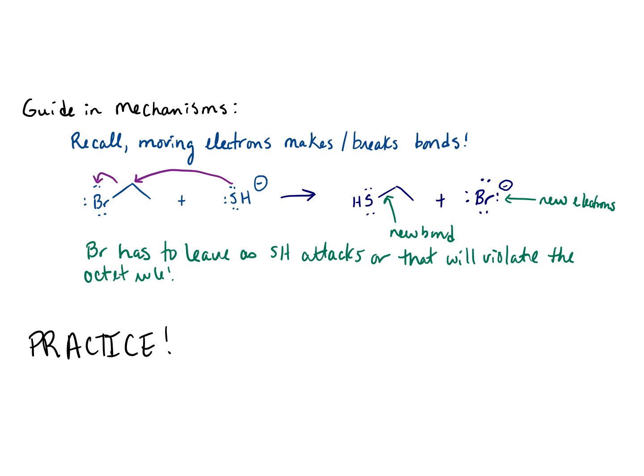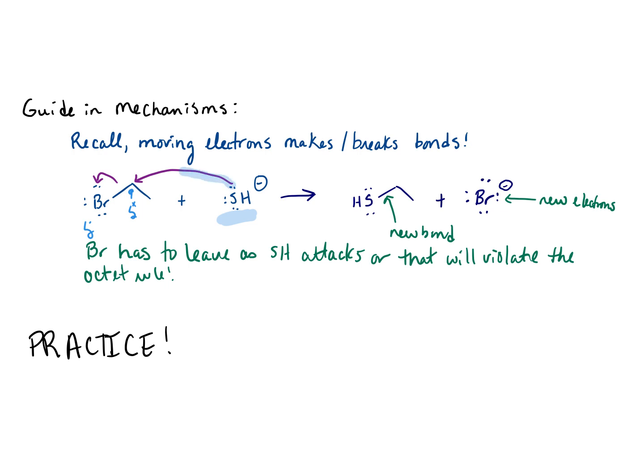So let's say that SH is looking for a place to live. Those electrons on SH might identify that this carbon right here is partially positive, and this bromine right here is partially negative.